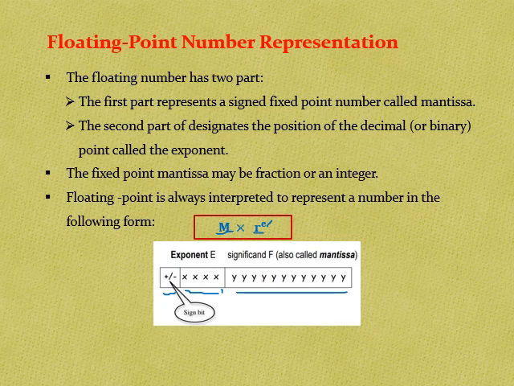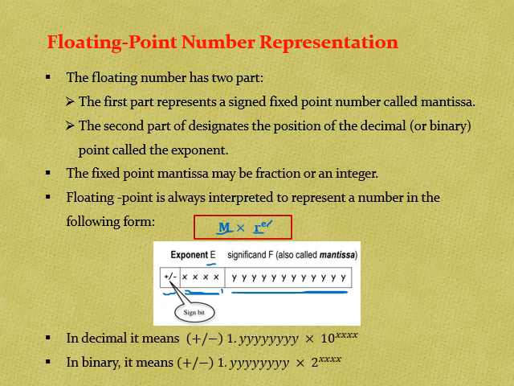That means this is the sign bit. This first part is called the exponent part, and this part is the mantissa part, also called the significand part.